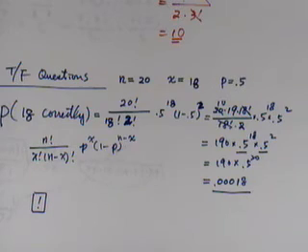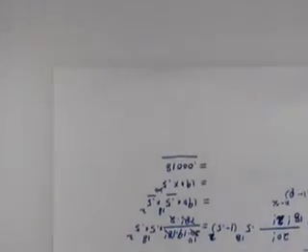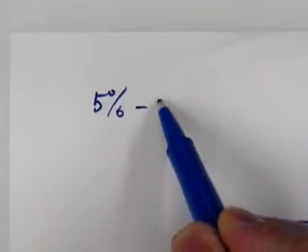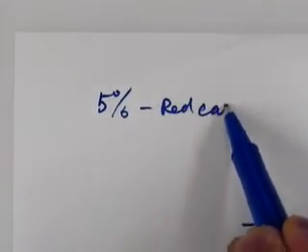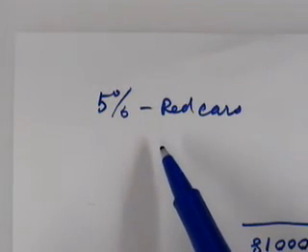Let me write down this information again. What did I say? How many percent? 10%? 5%. Okay. 5% of the students drive red cars. And you randomly observe 5 cars, right?